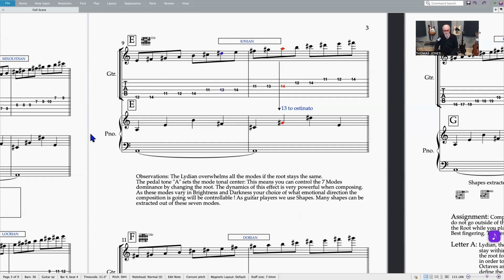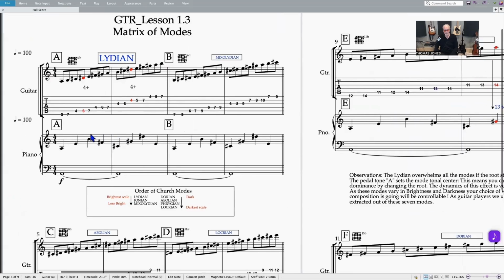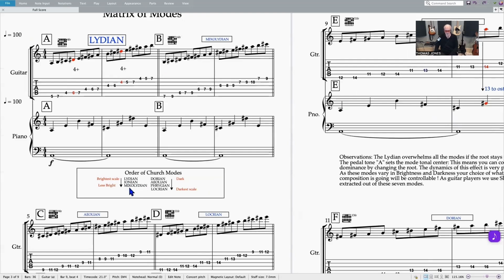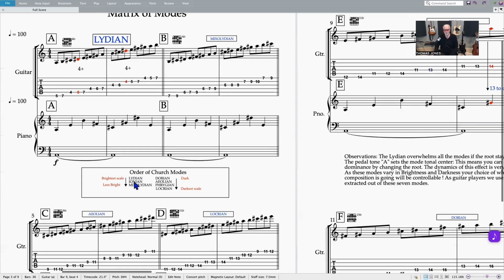So rather than go through every one of these, I think I'm just going to let you know that these are all related in the order of lightness to darkness, that as you go down these, one more scale step is dropped by one chromatic until you get to the Locrian, and you've dropped them all, because it's 7 modes, and you've dropped them all at that point.